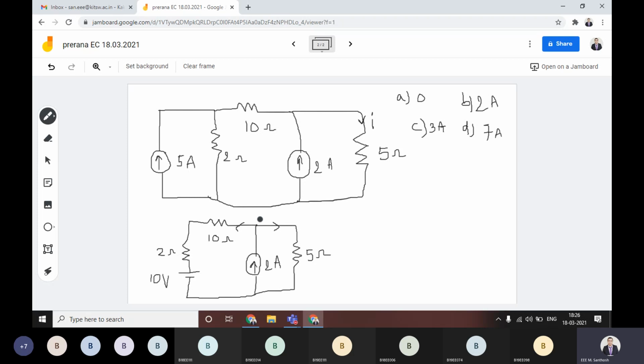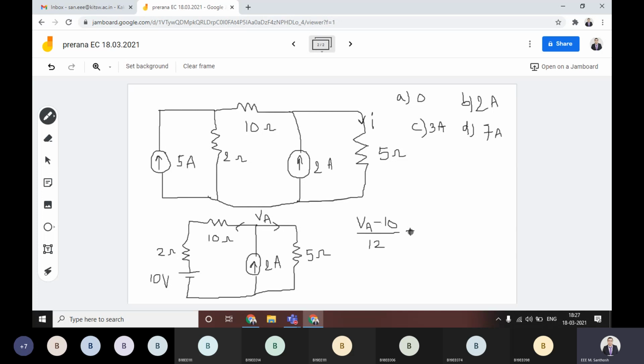You assume here the voltage is VA, for suppose at this node. Then what is the equation at that node? We always take this VA as the higher value. Okay, VA minus the voltage source, which is 10. 10 ohm and 2 ohm are both in series, so in between the resistance is 12.